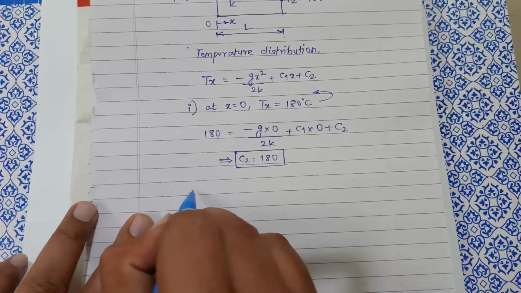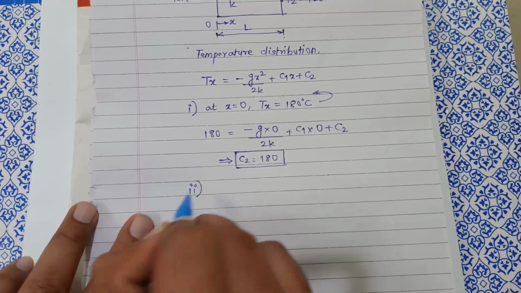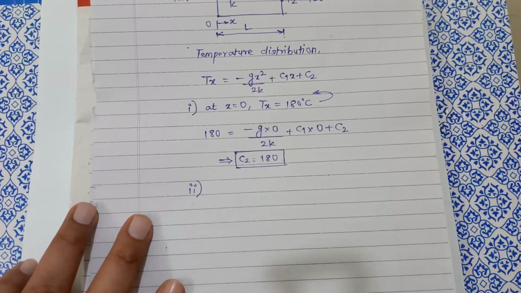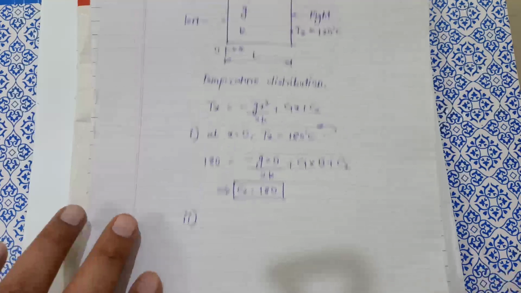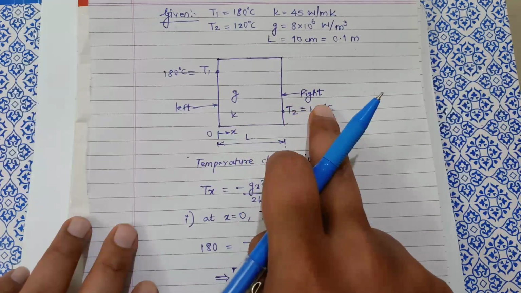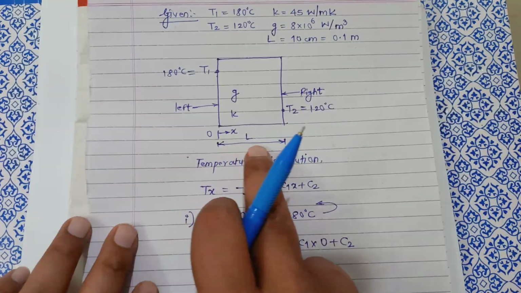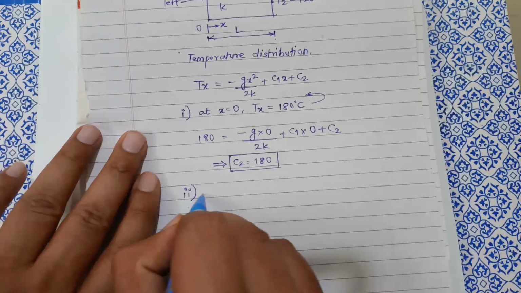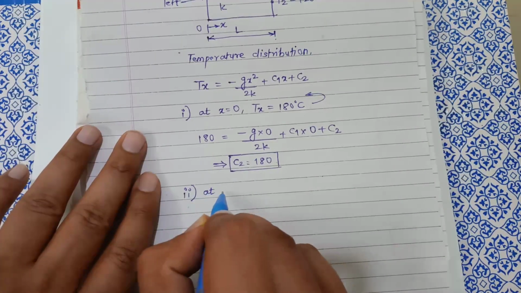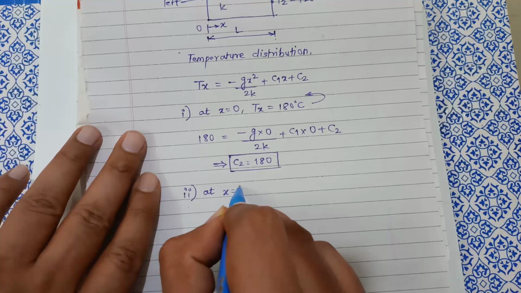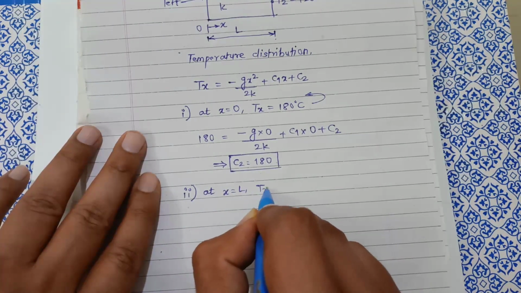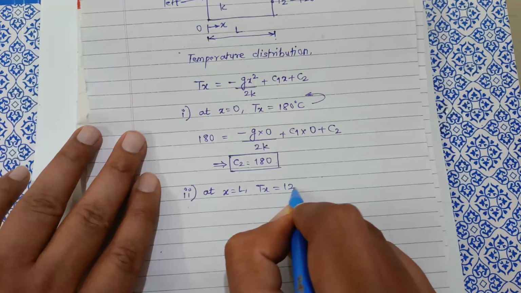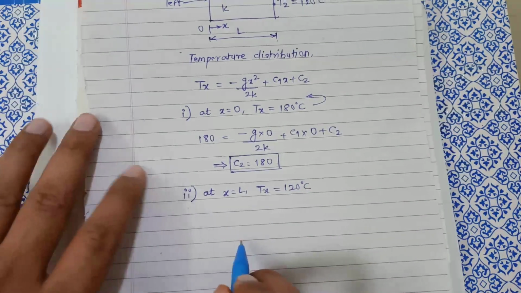Now we will move on to solving the second constant of integration using the second boundary condition. What is the second boundary condition? We observe that on the right face of the wall, that is at x equal to L, we get the second temperature. Mathematically, at x equal to L, Tx is equal to 120 degree Celsius.